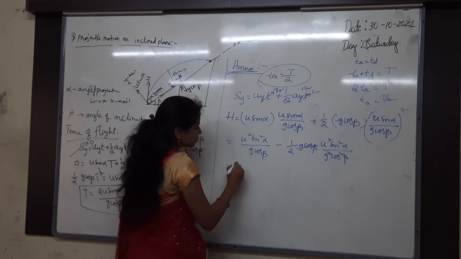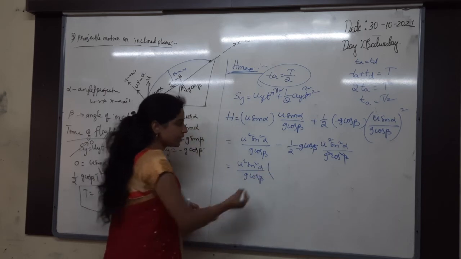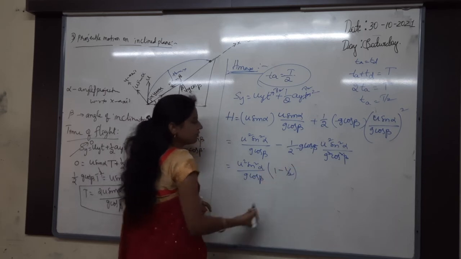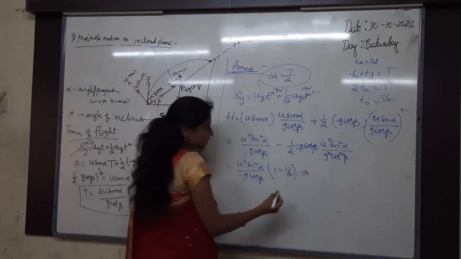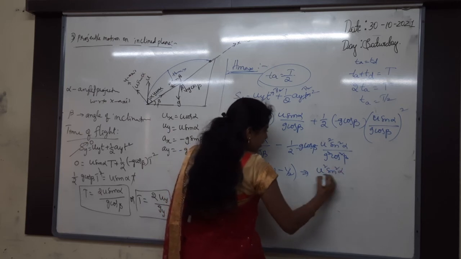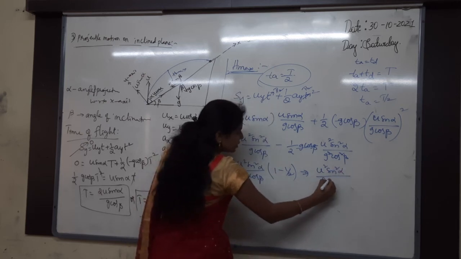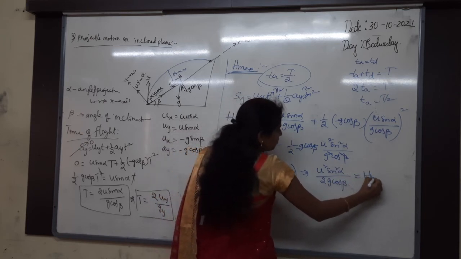Then u square sin square alpha by g cos beta I will take as common. Then what is remaining? 1 minus half, which gives you half only. So u square sin square alpha by 2g cos beta. This is the H maximum.